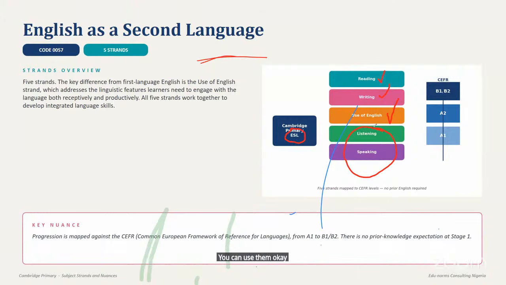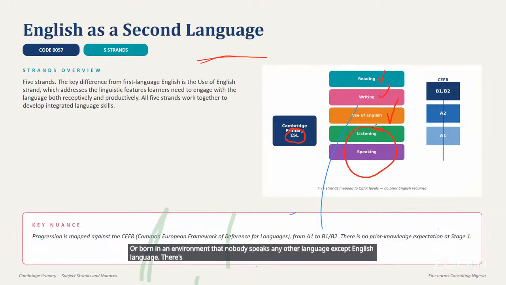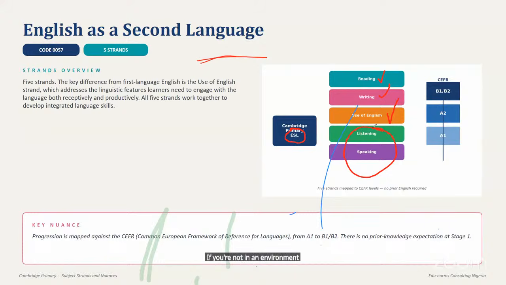Or born in an environment where nobody speaks any other language except English. There's a reason for that. Because the English we speak, if you're not in an environment where you are born and brought up speaking English, in the midst of English speaking people only, forget about it. You are still a second language speaker. That child in your class is a second language speaker.